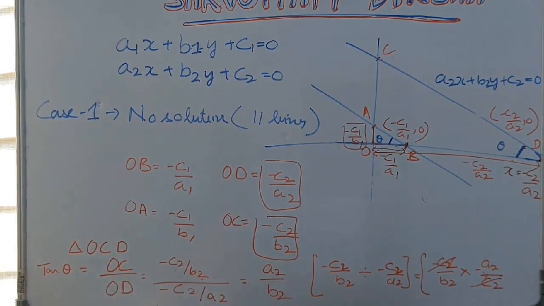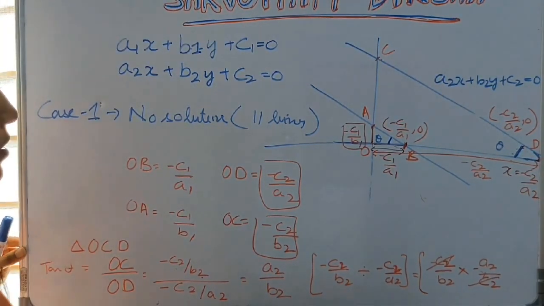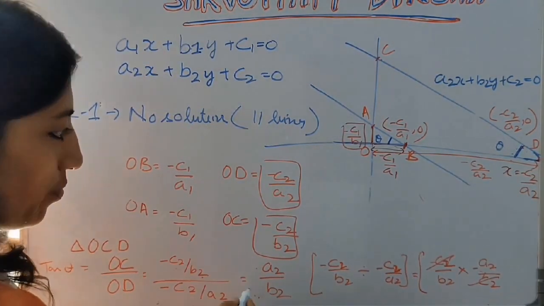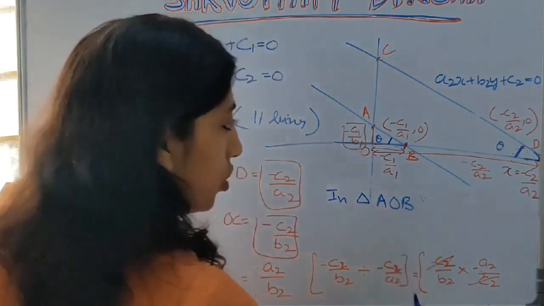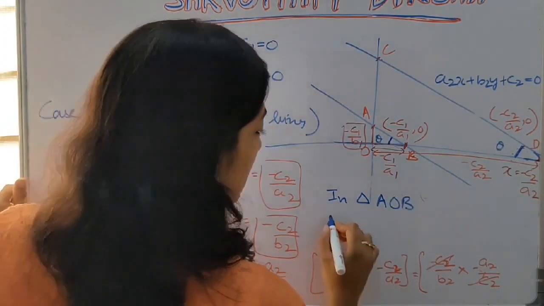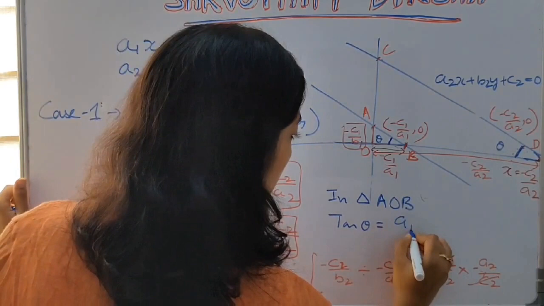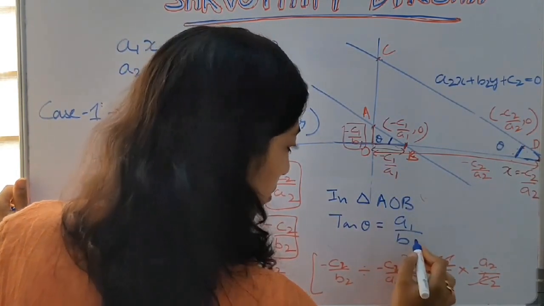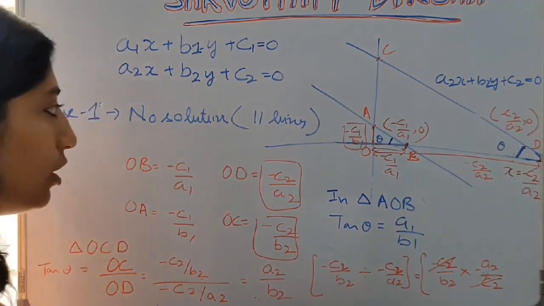So tangent theta, what we have concluded, tangent theta is nothing but A2 by B2. In triangle AOB also I can prove similarly tangent theta is equal to A1 by B1. But both of the tangent thetas should be equal.